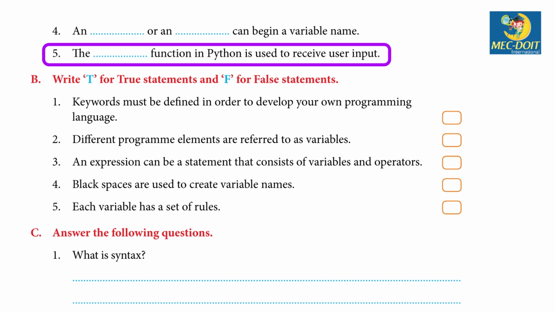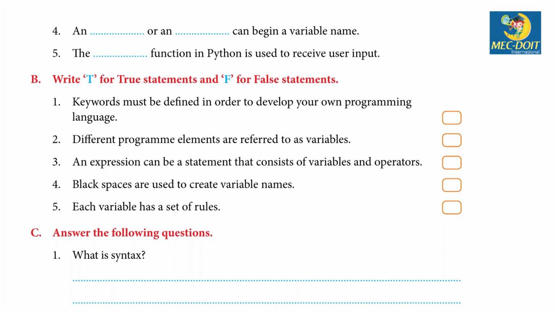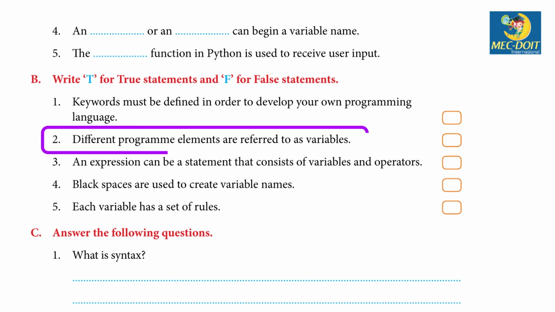Answer: input. B. Write T for true statements and F for false statements. 1. Keywords must be defined in order to develop your own programming language. Answer: true. 2. Different programming elements are referred to as variables. Answer: false. 3.